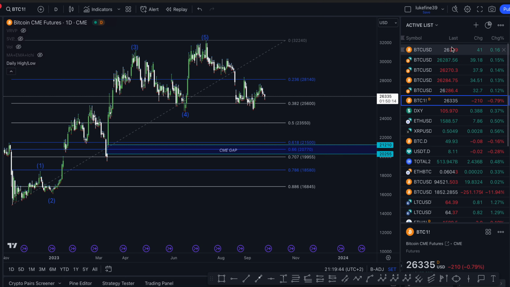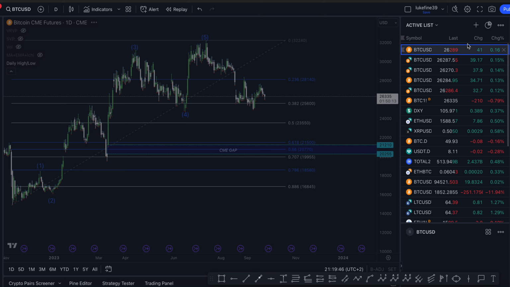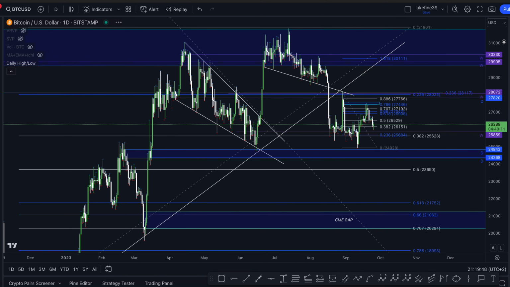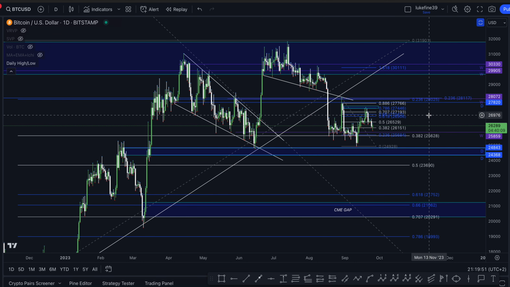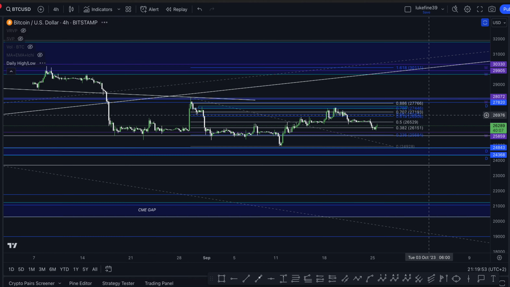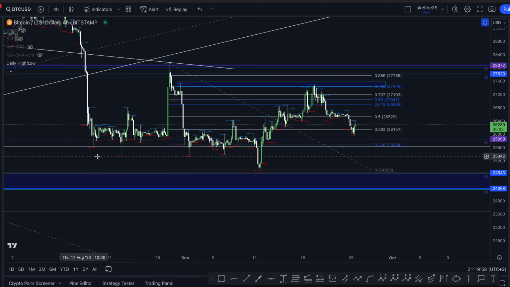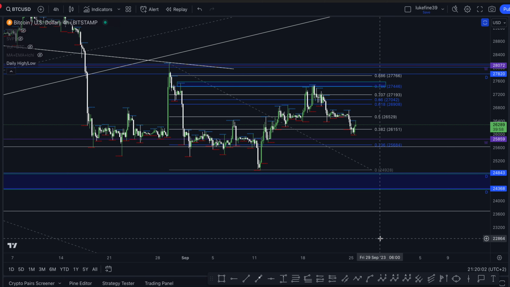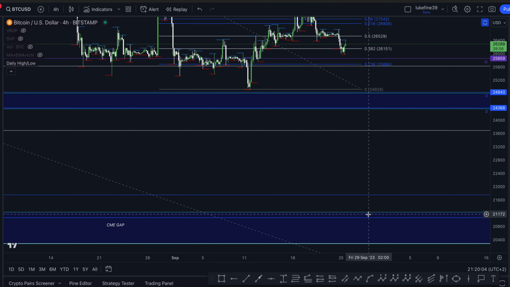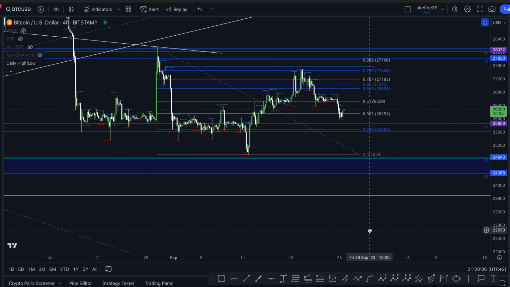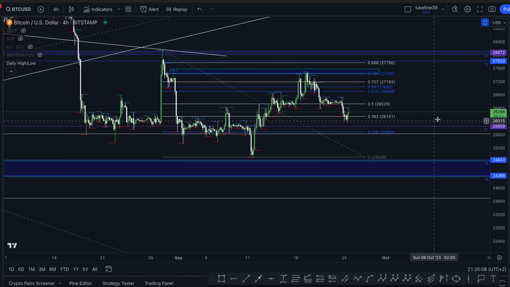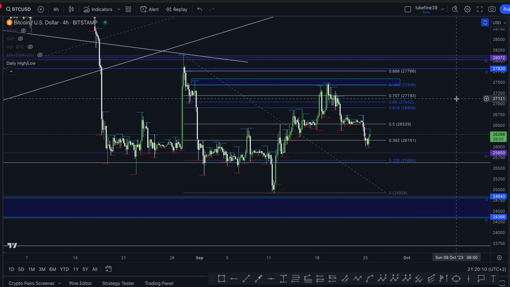Now let's check out the chart that I've been looking at for a while now, and that will be this Bitstamp on the 4 hour. I go from it a lot. We have this sideways price action, these daily supports, and then the 20k CME gap. In my opinion, the ideal short that was discussed, the distribution pattern, was here.